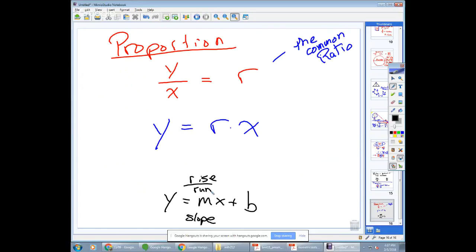B is the y-intercept, or vertical intercept. The only difference between the blue equation and the black one is the black one has an r instead of an m, big deal, it's just some number. But the b is missing. So if it's missing, what must it be? What can you add on when nothing happens? Yeah, it's 0. So this is the equation of a line.